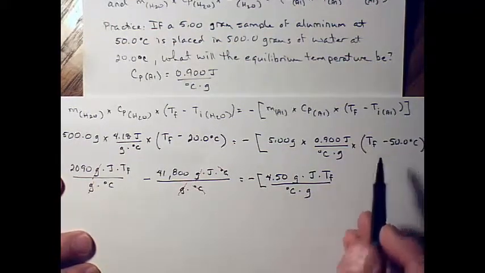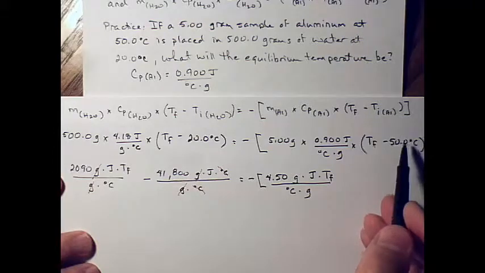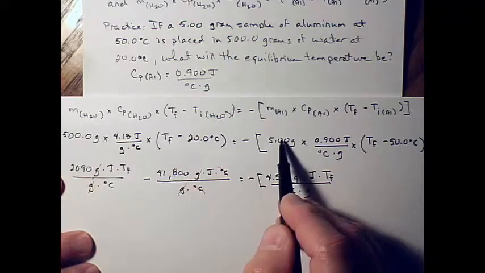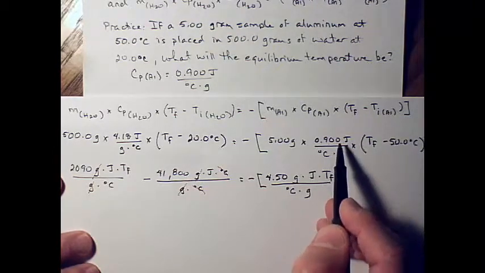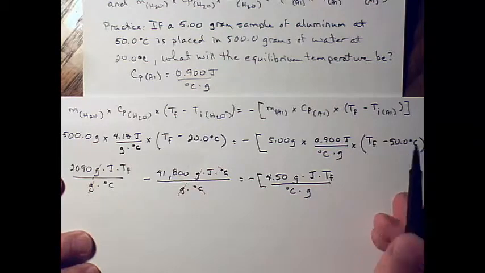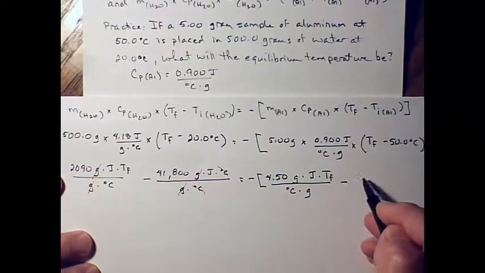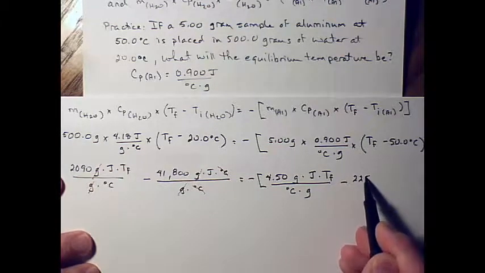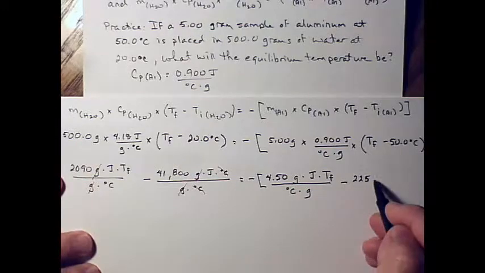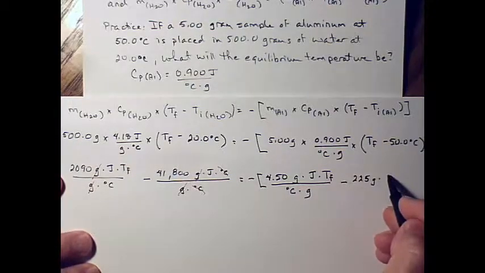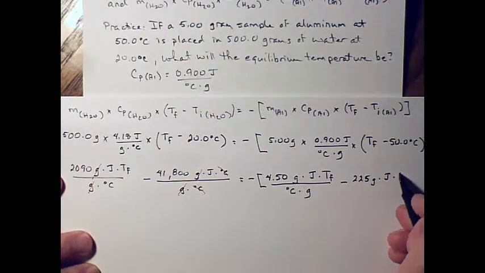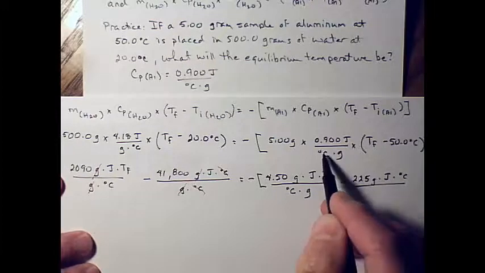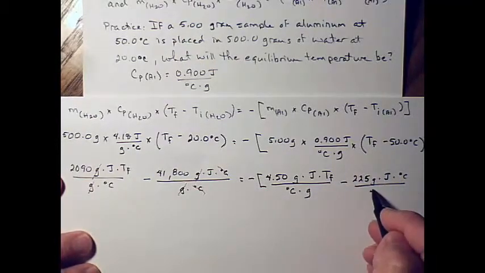Okay, then we got to subtract this times this times this. So what's 5.00 times 0.900 times 50.0? Okay, 225. And we have grams, joules, degrees C over degrees C times grams.